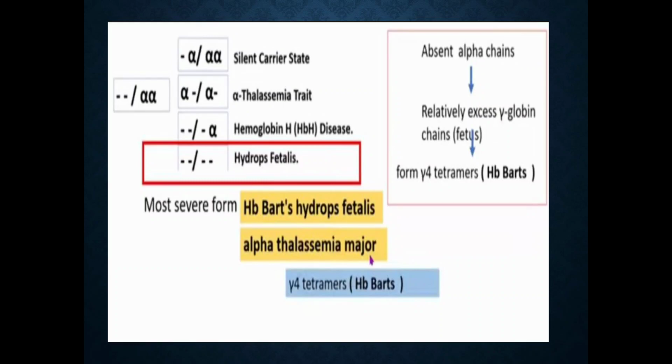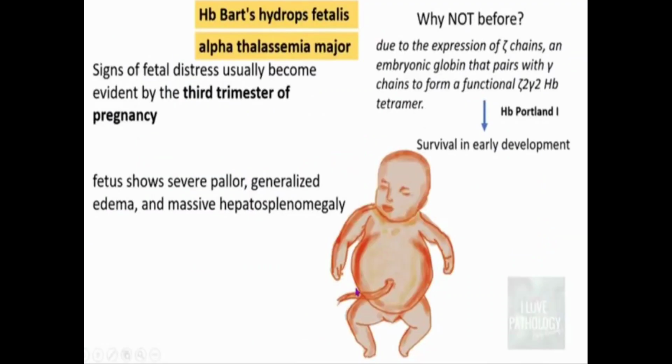These patients usually don't survive because all 4 alpha genes are deleted, leading to hydrops fetalis. So here you can see why they don't have it in the earlier part of life: the zeta chain and gamma compensate in the earlier part of life, but when it switches to fetal hemoglobin, all 4 are deleted, leading to gamma tetramers.